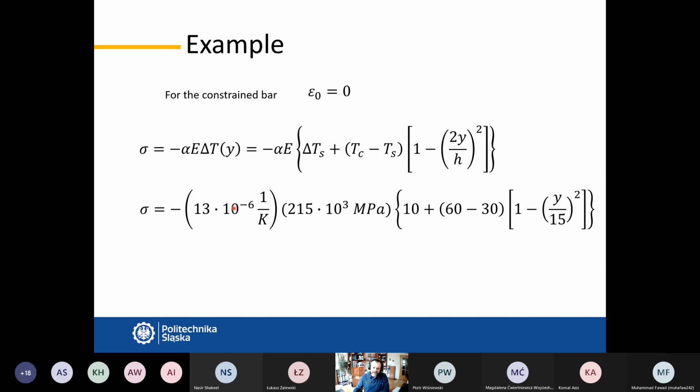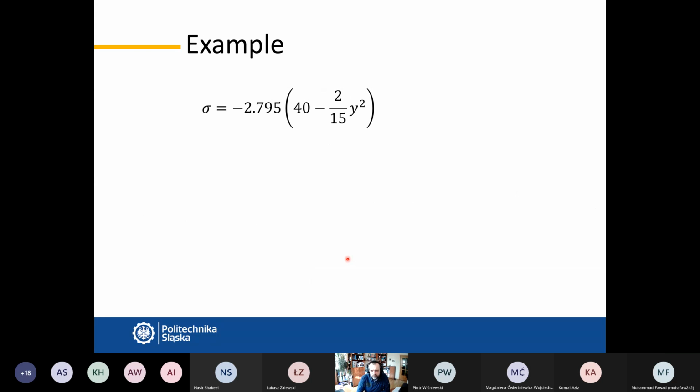So it looks like the stress distribution will be a parabolic function of location in the cross section, so along the lateral direction. If you do the computations, it will be more or less like this, minus 2.795 times 40 minus 215 y squared.